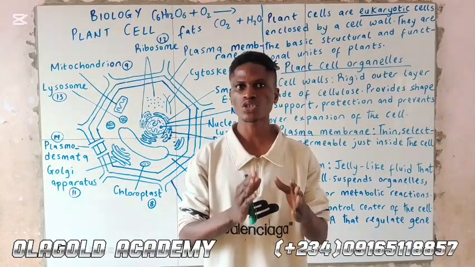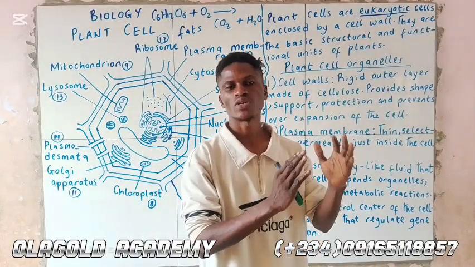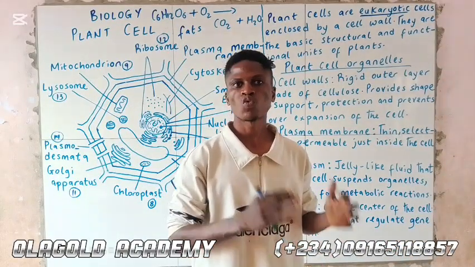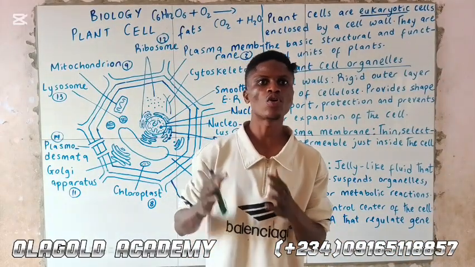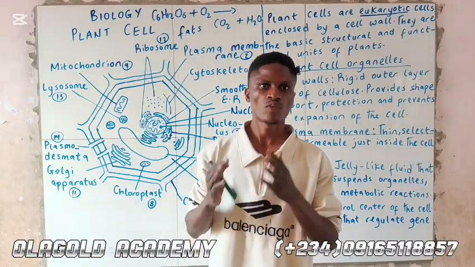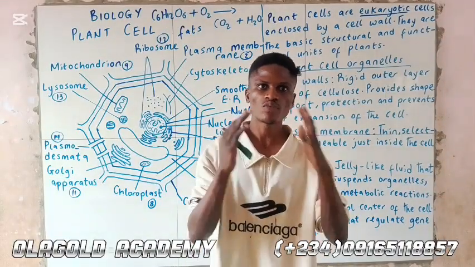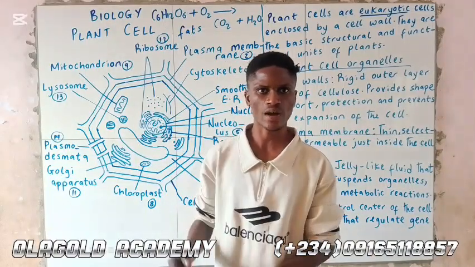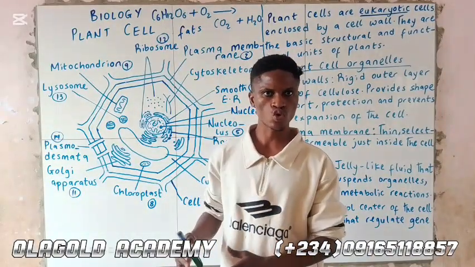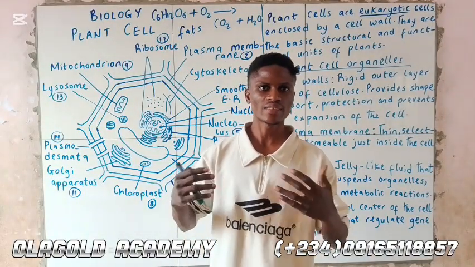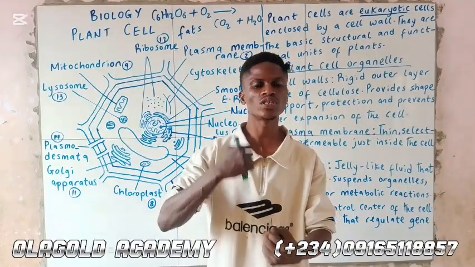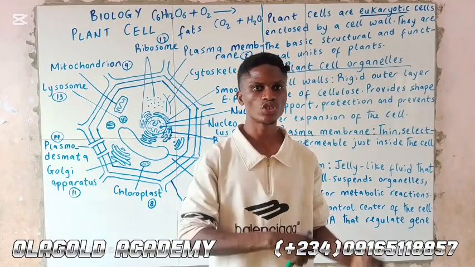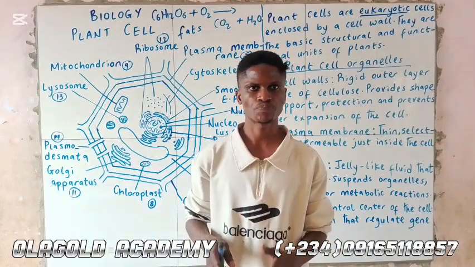The body stores the glucose in the form of glycogen. So when we are feeling hungry, when we have not eaten, it is that glycogen that breaks down to form glucose, which helps to energize our body until we eat again, until we refill that glycogen that has been broken down.